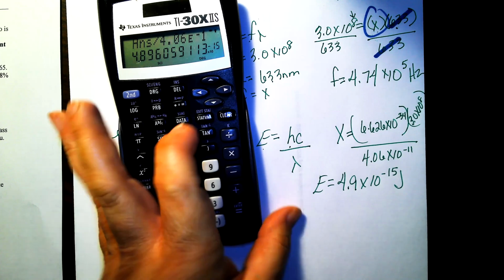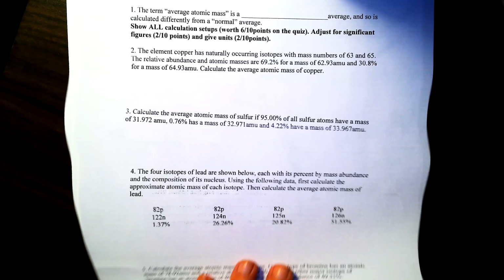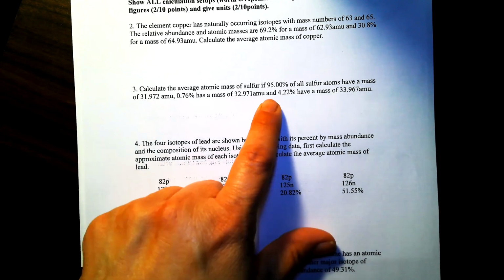Remember, when we are doing average atomic mass, we have isotopes, and isotopes have the same number of protons, but their neutrons are different, so their masses are different. And so how do we calculate for the various masses? There was one thing you had to do with one of the numbers, and that was to fix the percent.